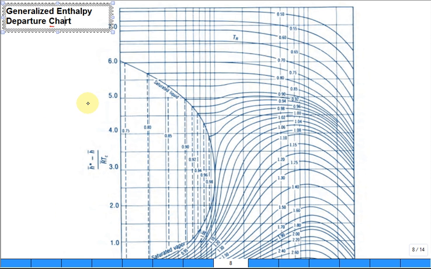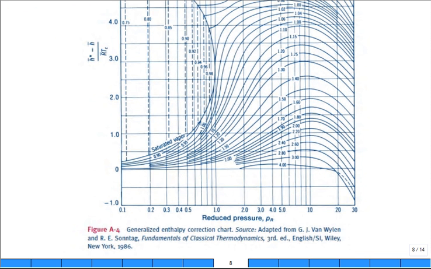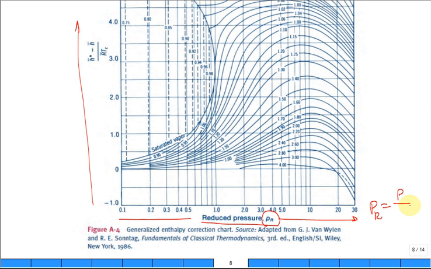The chart is what we'll spend a little time looking at right now. So I have to scroll down. When you're introduced to a chart, I recommend you look and see what is on the x-axis and what is on the y-axis. So the reduced pressure, what is P sub R? Is it the actual pressure divided by the critical pressure for our substance? Sure.